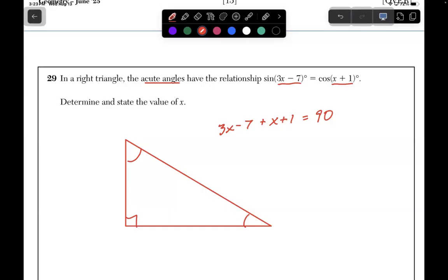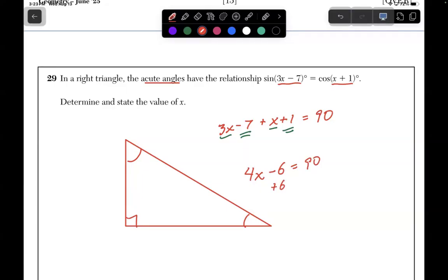Okay, we'll combine like terms, and you're going to get 4x minus 6 equals 90.